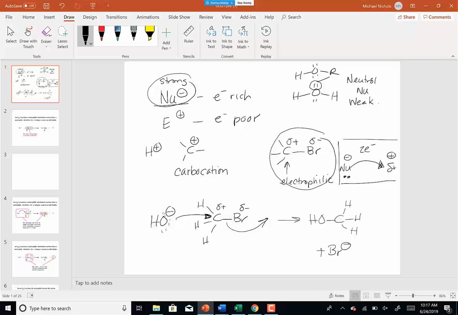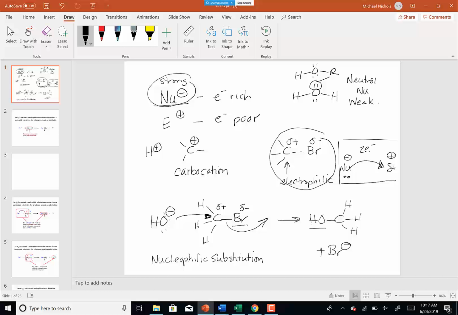So this is what's called nucleophilic substitution. And the reason it's called nucleophilic substitution is, number one, it's a substitution reaction. I'm substituting for the bromine an OH.